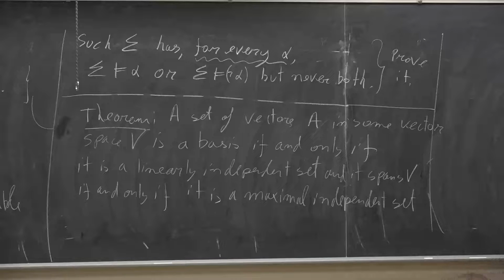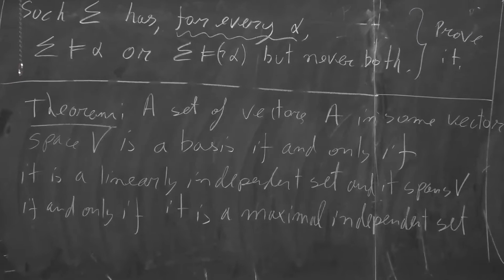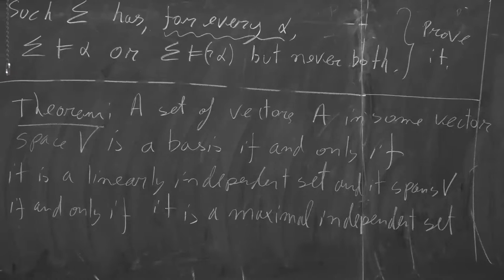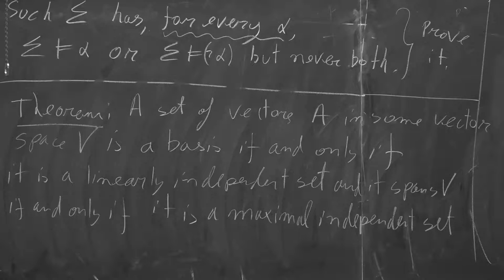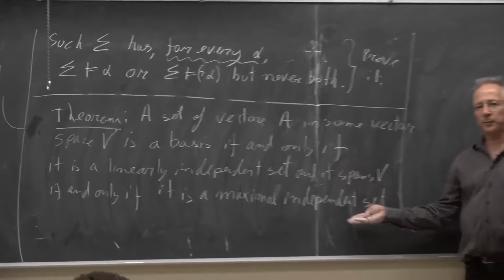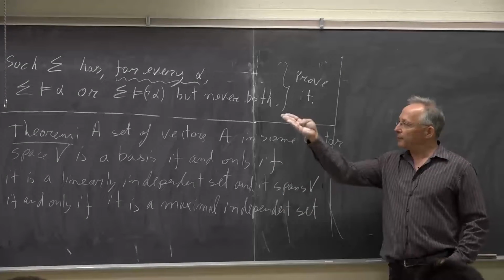Maximal independent set means that every other vector that you try to add to it will make it dependent. I think we just used the definition that a basis is the smallest set that is linearly independent and spans, which ends up doing the same thing. Okay, but anyway, this is a result in algebra, and now we're going to do a very similar result here. It has a very similar structure.